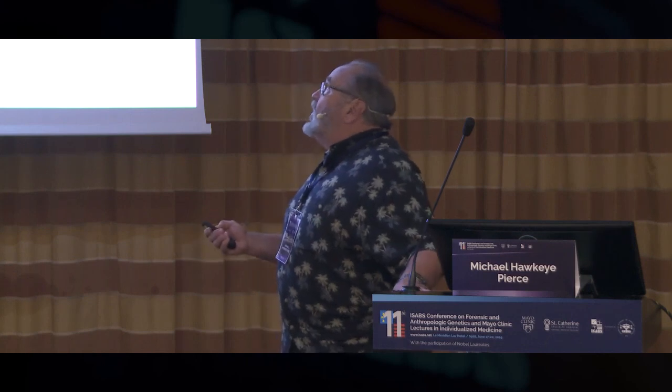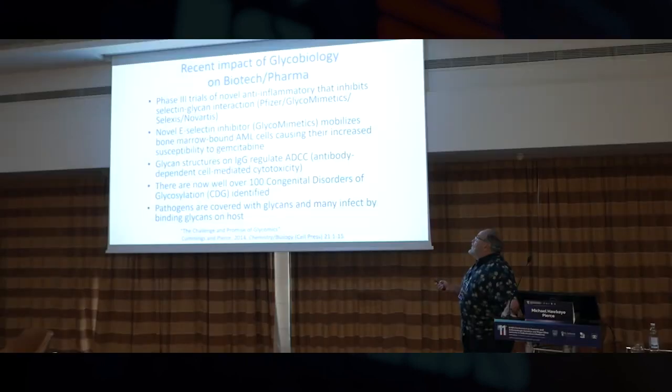In addition, Glycomimetics has developed an E-selectin inhibitor, and this actually mobilizes bone marrow AML cells, chases them out of the bone marrow compartment, and causes them to become susceptible to gemcitabine.